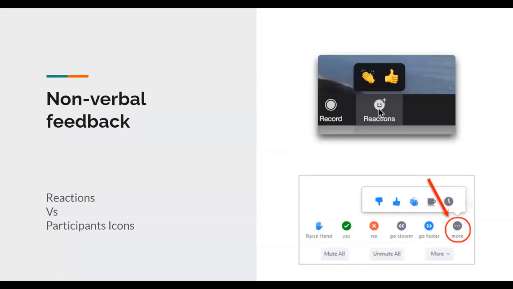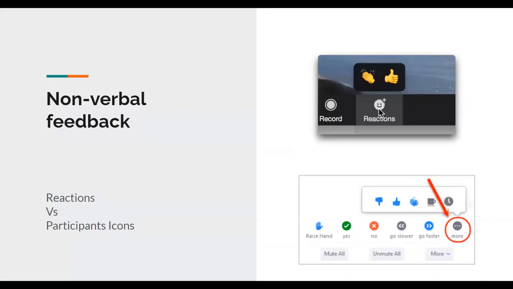One of the most useful tools that you have at your disposal in Zoom is the ability to give nonverbal feedback. Again, we've all experienced the chaos that can happen through having a bunch of people talk at once on a Zoom call.